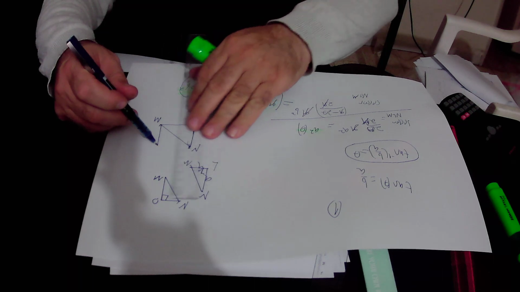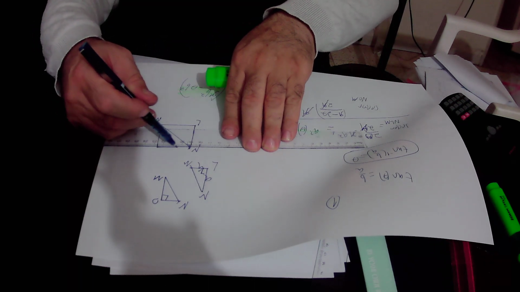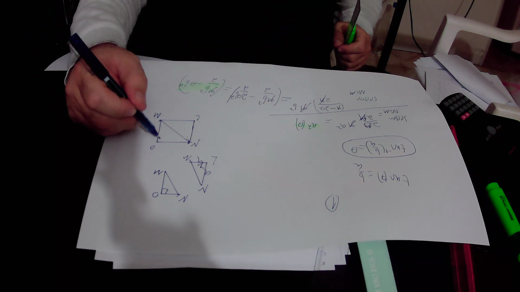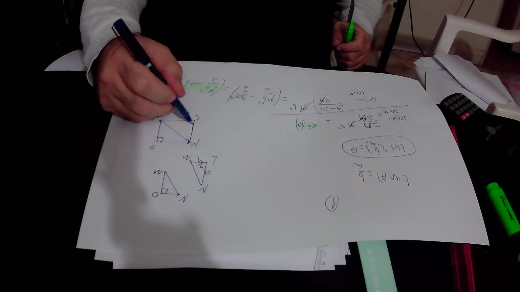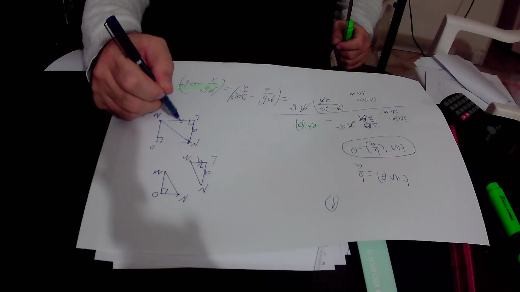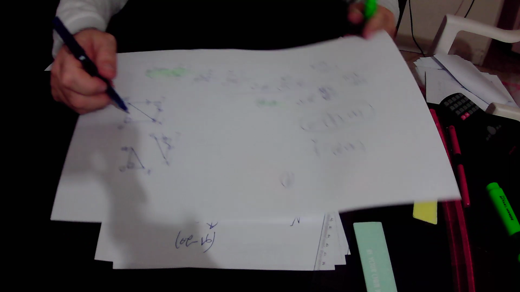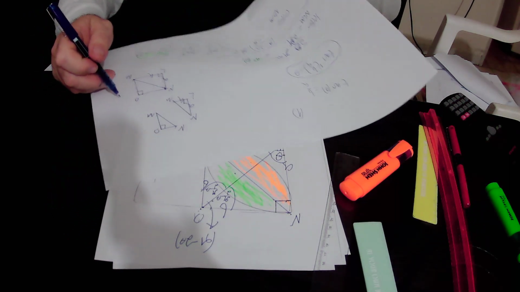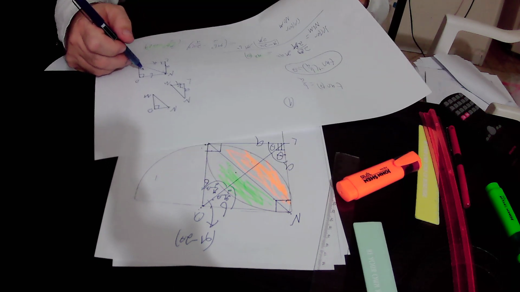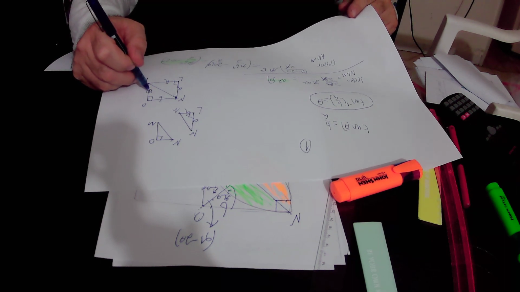So actually we have to subtract the area of this quadrilateral from the sum of the areas of the two sectors.